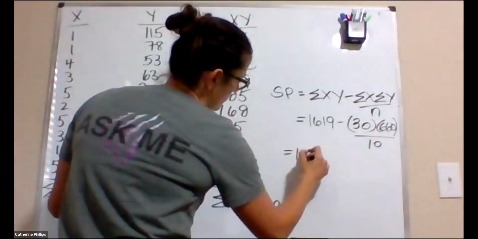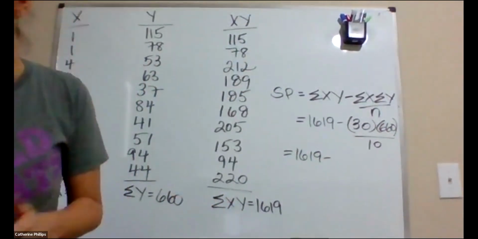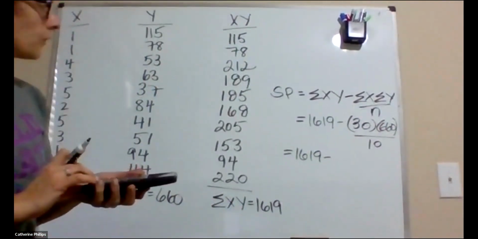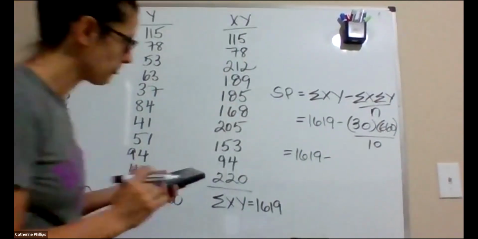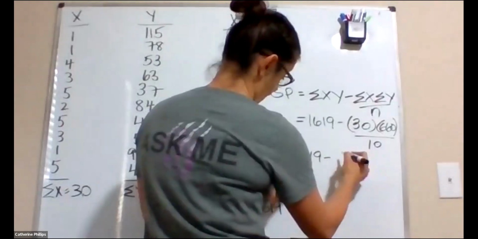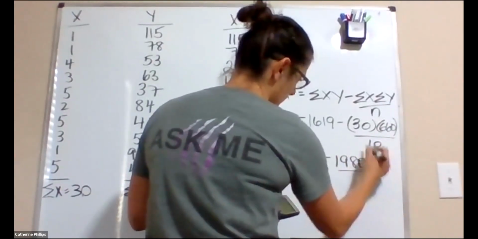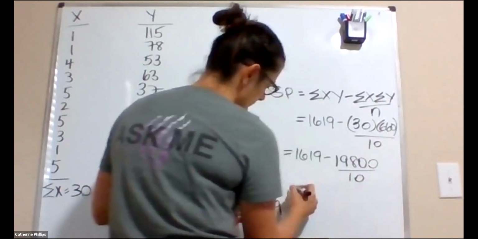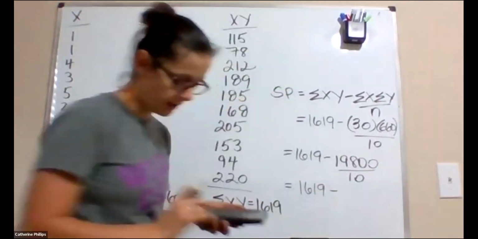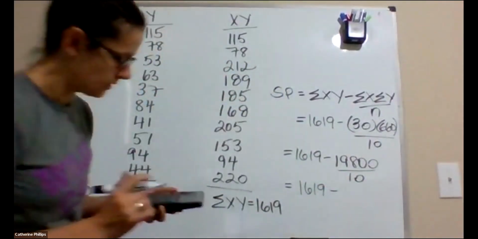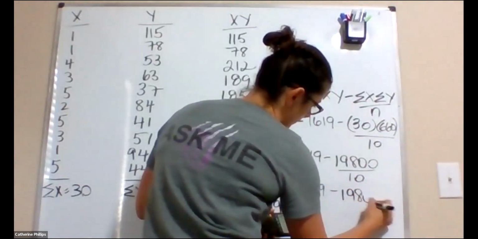So 1,619 subtract 30 times 660 is 19,800 divided by 10. 1,619 subtract 1,980.